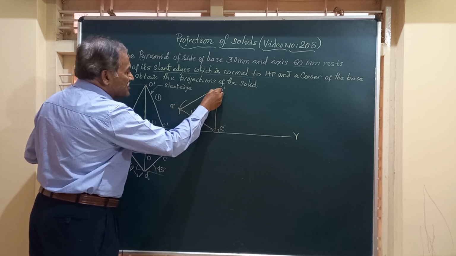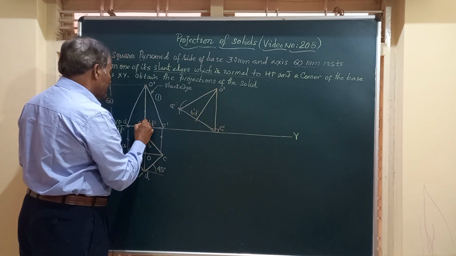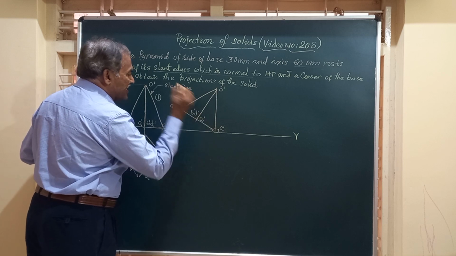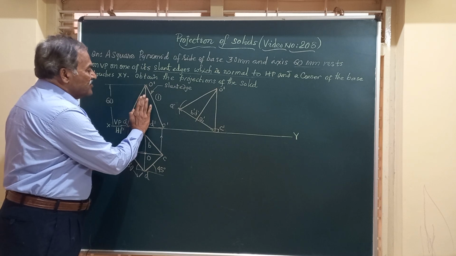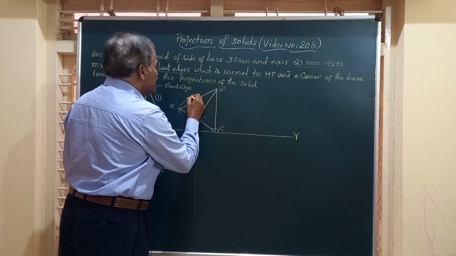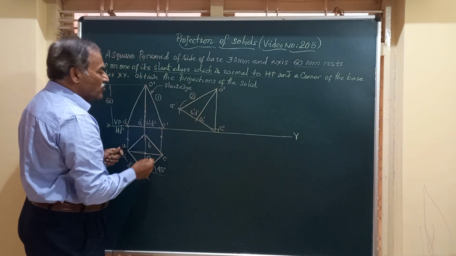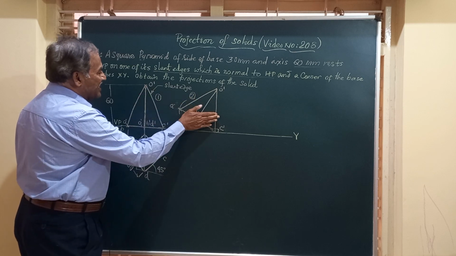So I will just join that, and this also is the center of the base, that is O1 dash. I will mark it as O1 dash. Friends, whatever figure I had here is redrawn as figure number 2. This figure number 2 is exactly identical to figure number 1. The only difference is that this is rotated through an angle.